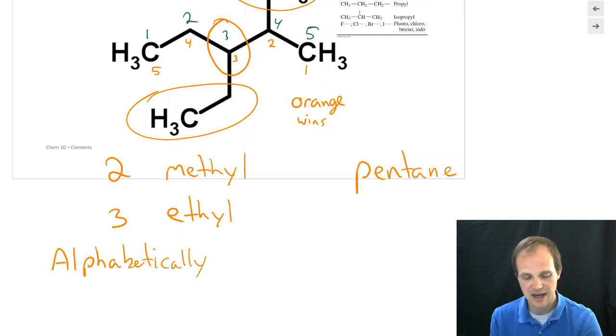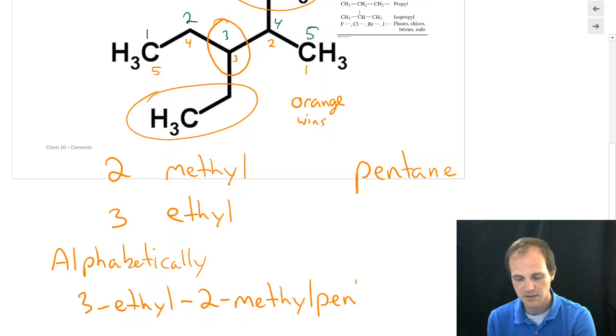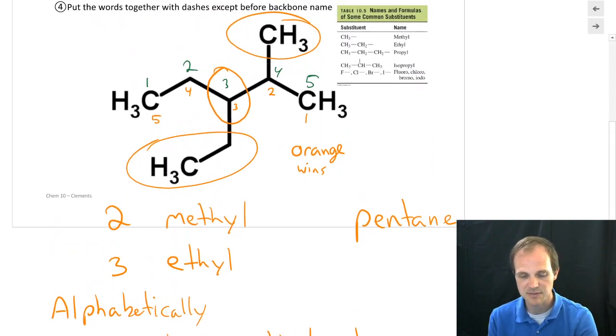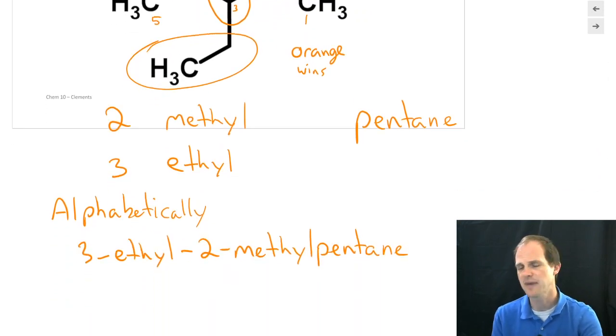We're going to say 3-ethyl first, because ethyl comes first in the alphabet. So 3-ethyl, and then some more dashes, 2-methyl, and then we put our backbone name on the end there, and we get 3-ethyl 2-methyl pentane. And that is the name of this molecule up here. And again, say it really quickly so you sound smart. 3-ethyl 2-methyl pentane.